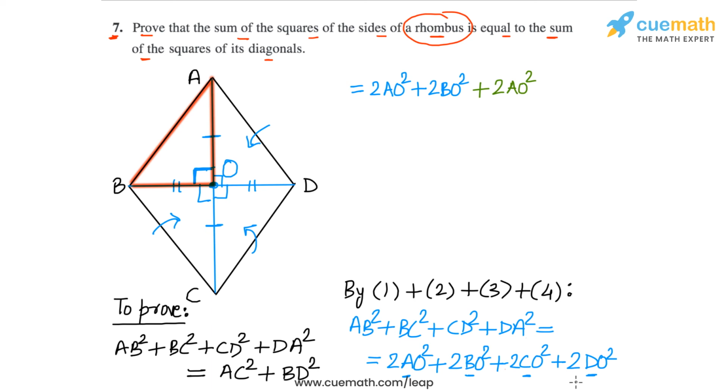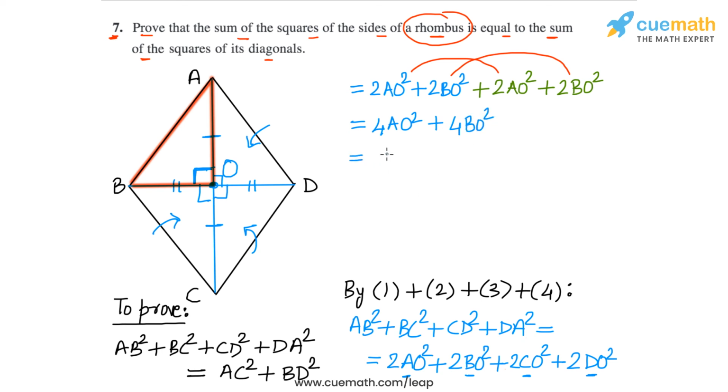And now let's make use of the fact that DO is equal to BO. So instead of twice DO square, we write twice BO square. And now we have twice AO square and twice AO square. So this will add up to 4 times AO square. So we get 4 AO square. And then twice BO square and twice BO square will add up to 4 times BO square. So we get 4 BO square, correct?